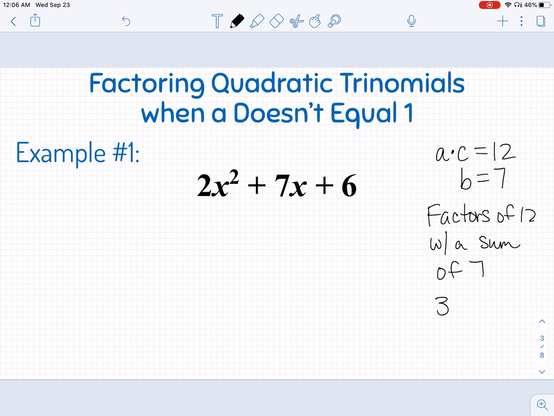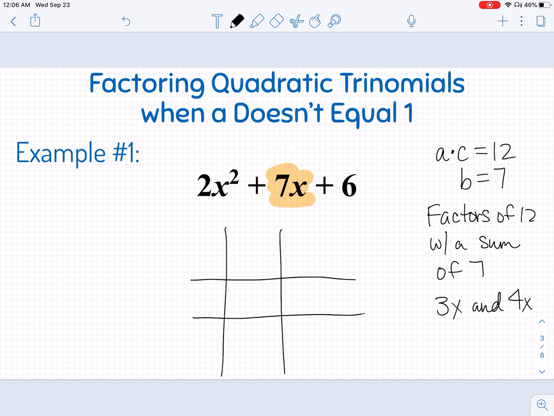Now what we're really doing here is breaking apart that 7x in the middle. Since we're breaking apart a 7x, the two values we came up with are actually 3x and 4x. In each and every one of these problems, this first x squared term always goes here.